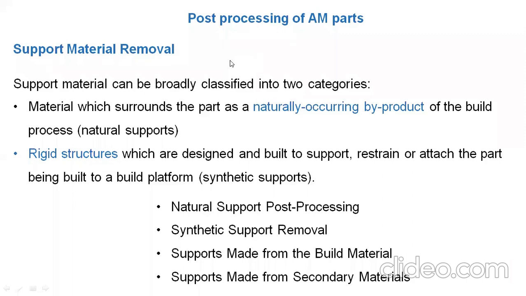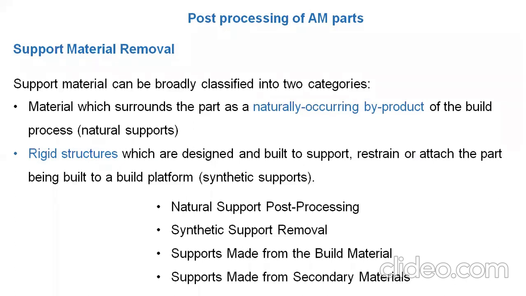As we know, support material, according to its name, is used for supporting purpose to manufacture your product in the AM process. So the first type of support material is material which surrounds the part as a naturally occurring byproduct of the build process.